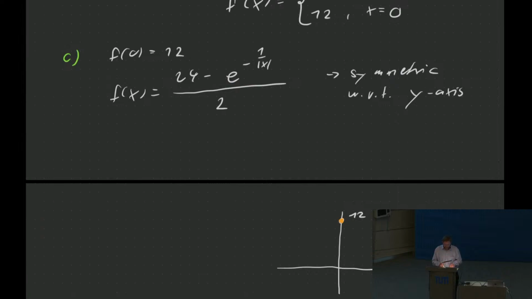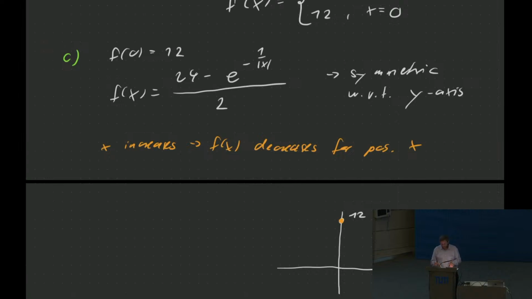And now what we have is something minus this increasing argument. So the value of that will decrease, right? 24 minus something increasing will decrease. That means when x grows, the function value will decrease. So x increases, f of x decreases, for positive x, yeah?